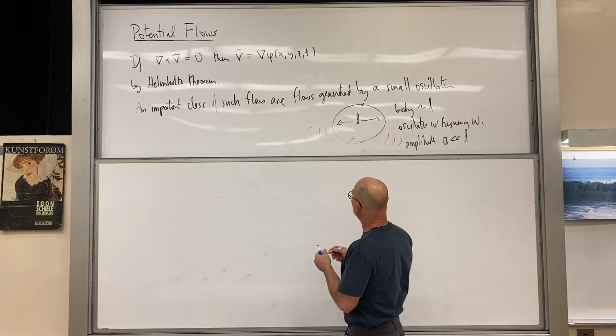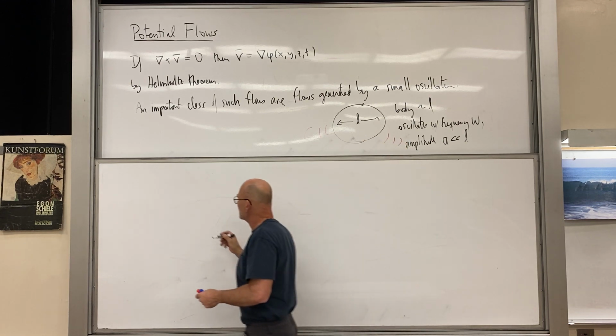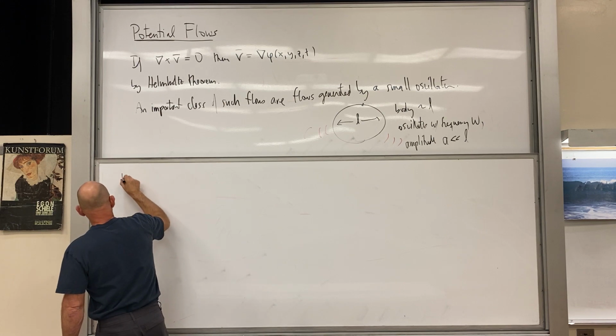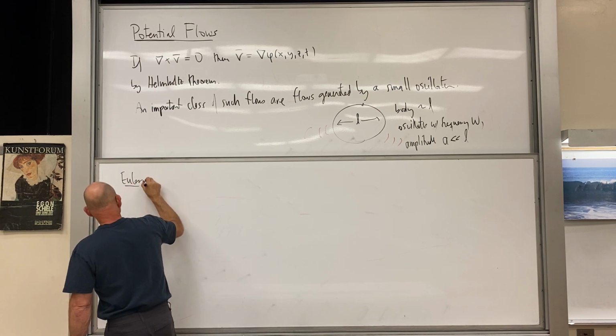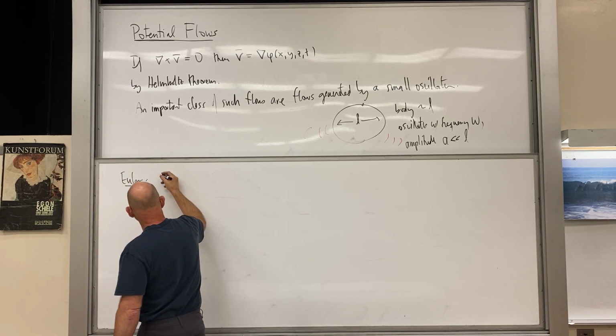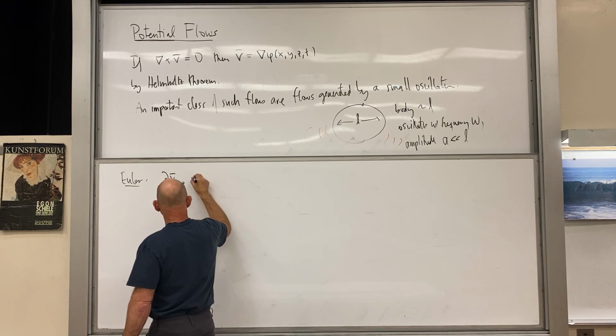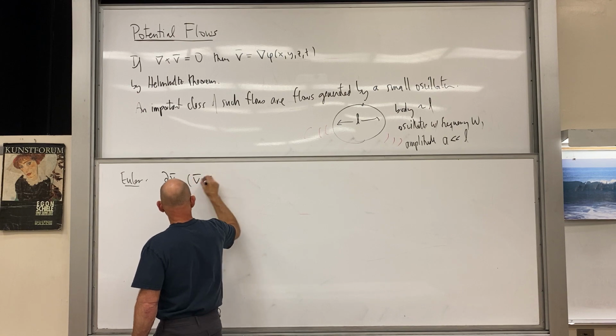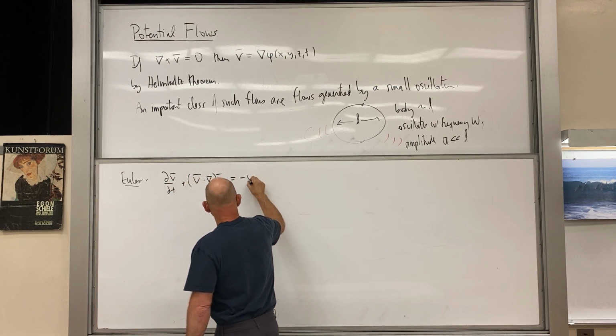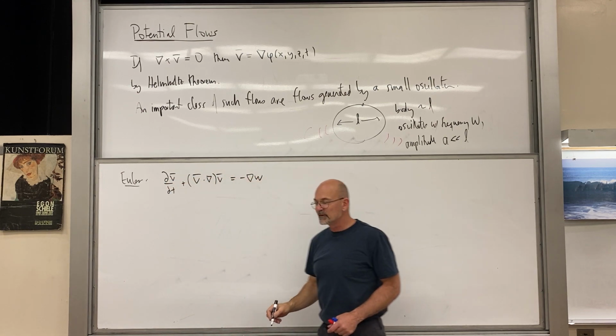Our fluid equation is, of course, dV/dt plus v dot gradient v equals minus gradient w. We got that simple form there.